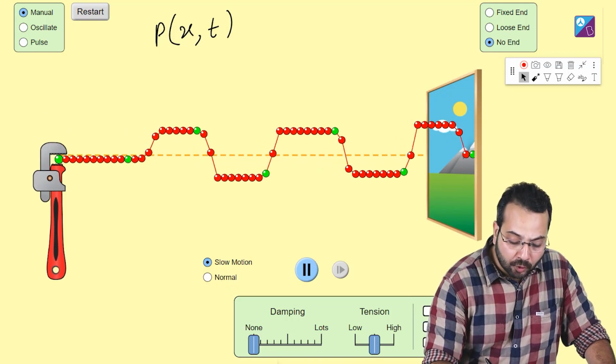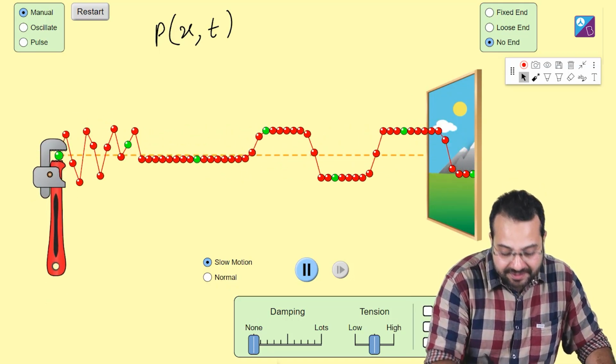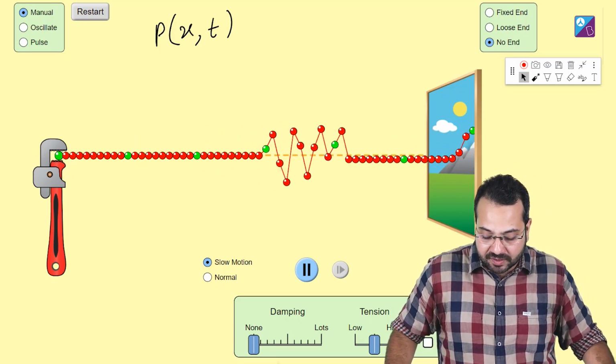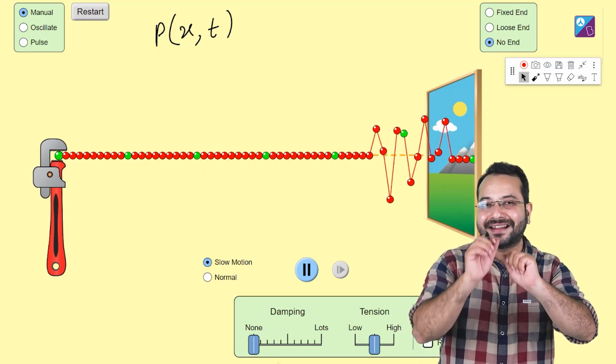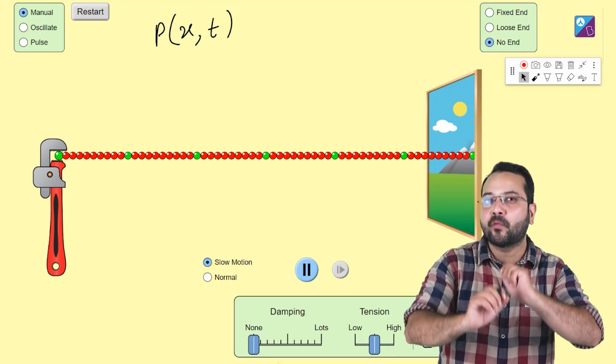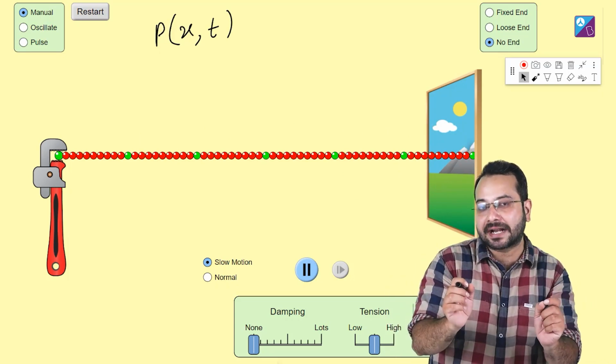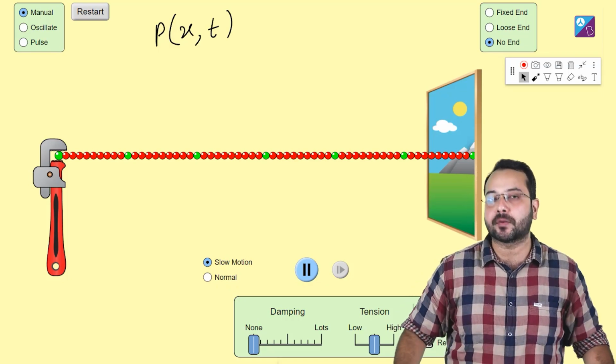Or I can also go completely berserk, and the waveform is also going to be very random. So what you observe here is that the way the left end of the string is moving with respect to time is something that is going to dictate the wave formation.